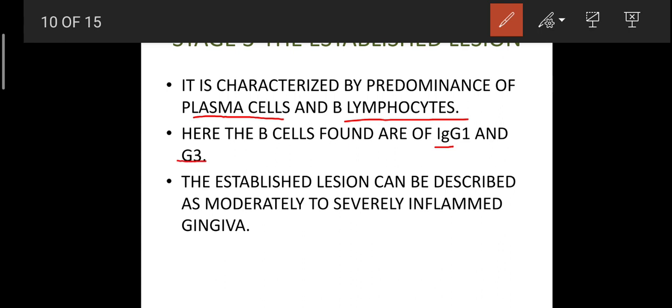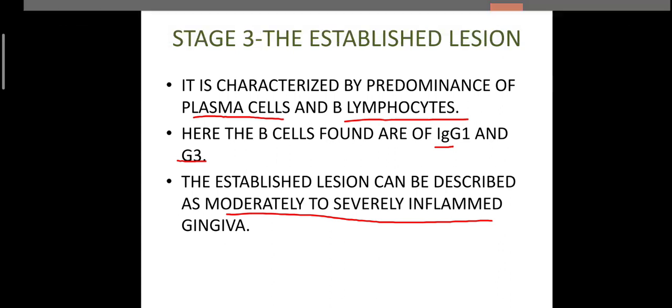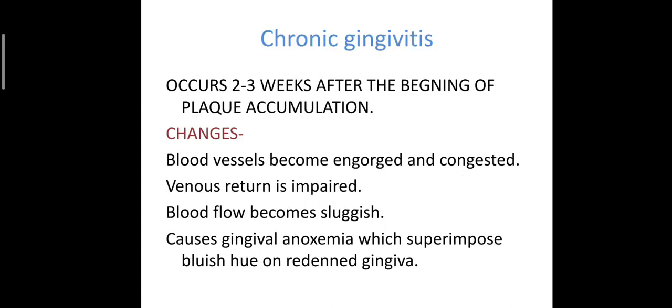The established lesion can be described as moderately to severely inflamed gingiva. Here in this, the gingival lesion is moderately or severely inflamed. Okay. Now the condition is getting worse here in the third stage. So now it is in the stage of chronic gingivitis.